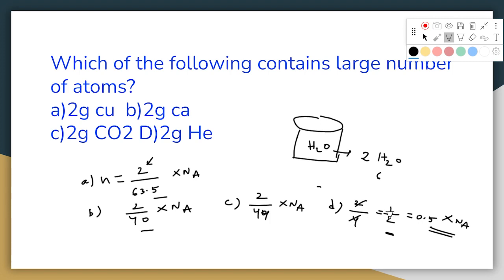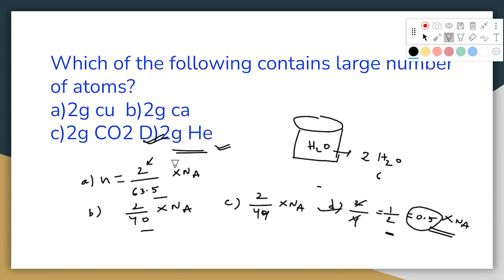If the denominator is less, then this value is high. So D, that is 2 grams of helium, has the largest number of molecules. So this has the largest number of atoms obviously. So the answer is D. Understood or not?